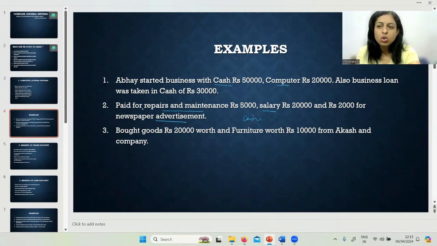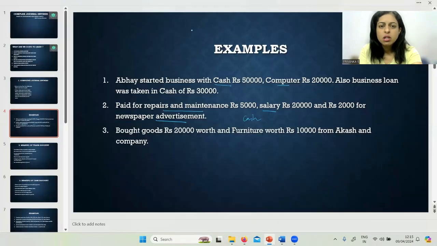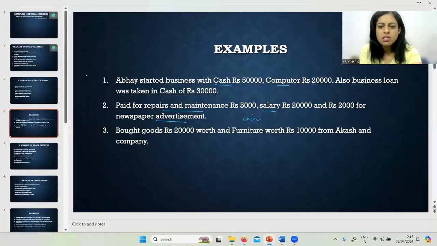Now, if you had to write in the normal circumstances, how would you write? You would write in the format of debit repairs and maintenance account, you will debit 5,000. And how are you making the payment? You are making the payment in cash to cash account, 5,000. This is how you would write the transaction. Second transaction, you would write it as salary paid.